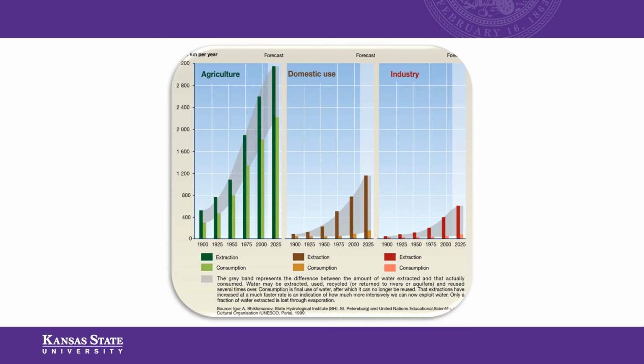But it turns out how we use water when we feed and grow our crops is the single most important thing. And you can see here by year how much water we are using globally, going up to 2025, and how much more we are using for agricultural practices versus domestic versus industry.